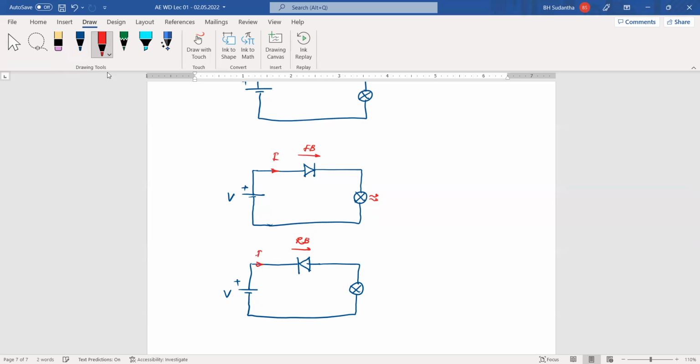Because of this reverse biased diode, there is no current. Okay, then we cannot turn on this light. You understand this? And what are the practical applications of these things?